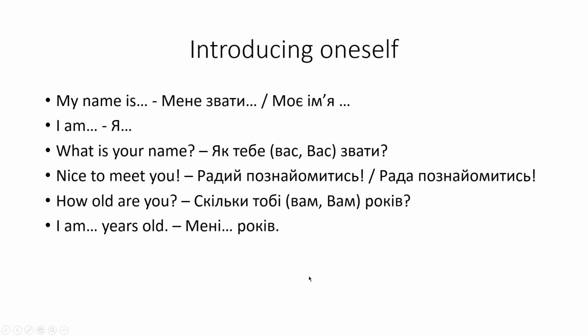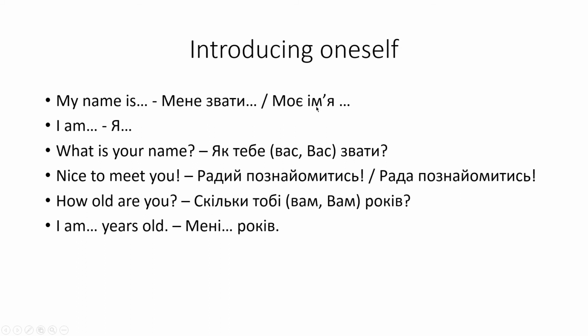Okay. Then, how can you introduce yourself? For example, if you want to say, my name is Ivan, or my name is John, my name is Maria, you can say, мене звати Іван, мене звати Марія, мене звати Джон.